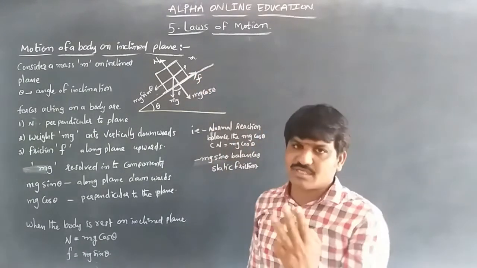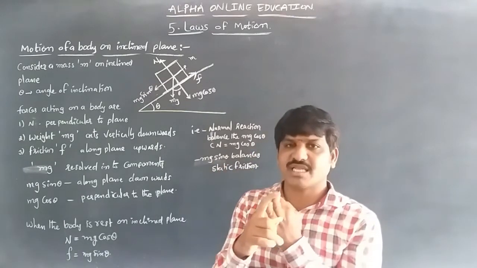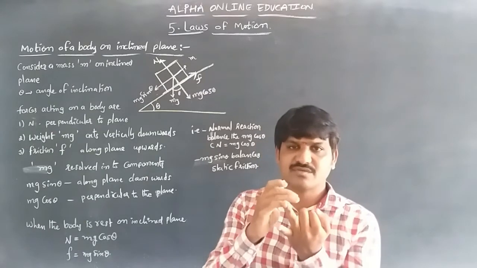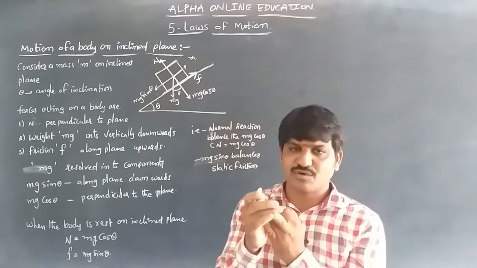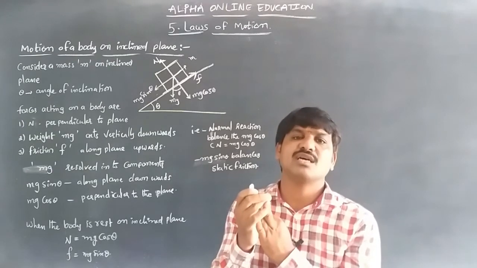The three types of forces acting are normal reaction, weight, and frictional force. Normal reaction is always perpendicular to the plane, weight is always vertically downwards, and frictional force acts opposite to the direction in which the body moves or tends to move.